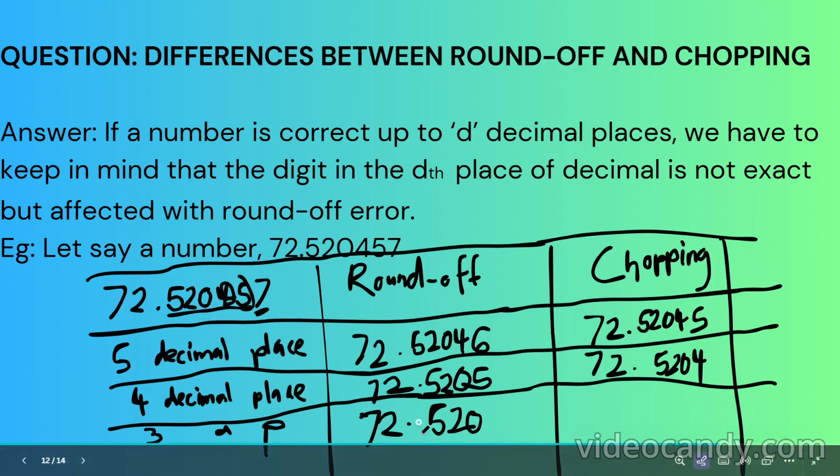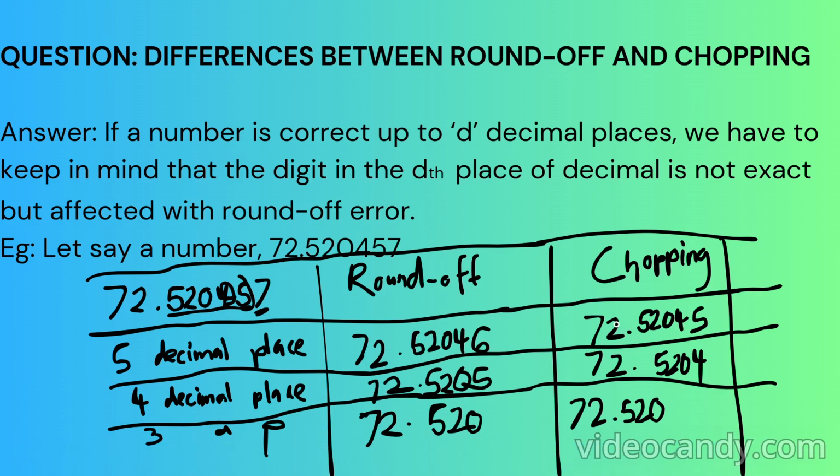While the chopping answer for 3 decimal places is also 72.520, the same answer. Because the 4 is less than 5, there is no need to change the number, without any adjustment. That's the example of the answer. Please take note of this.